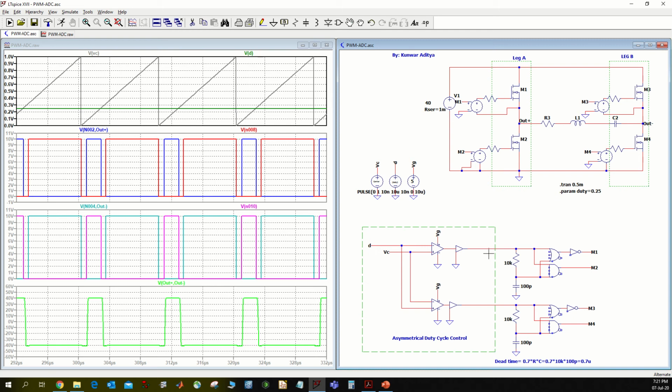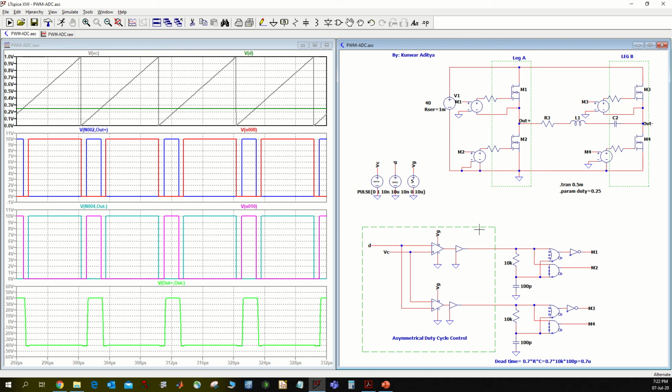One comparator is generating one gating pulse, and from that gating pulse I'm using this network to generate complementary pulses with dead time of 0.7 microsecond. Similarly, the second comparator is generating the gating signal for another leg, and this gating signal is fed to this network to generate two complementary pulses for switching the leg B with certain dead time.